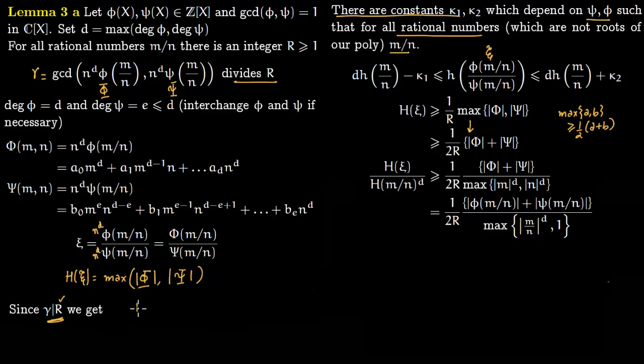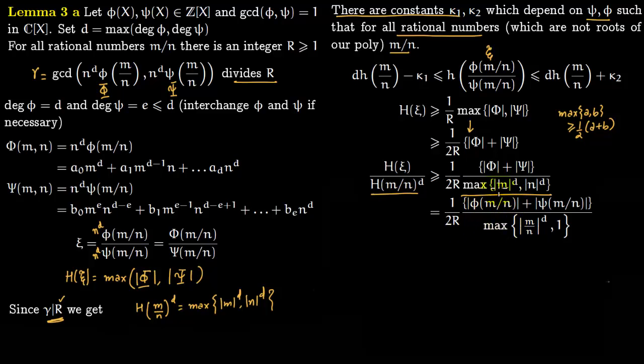Now again, what is the height of a fraction like this? This is a fraction again consisting of numerator and denominator, so this is the max of these terms, and that's what we plug in here. So now we are dividing both sides by this height, so this we are just copying as such.